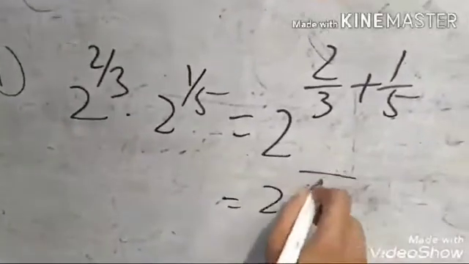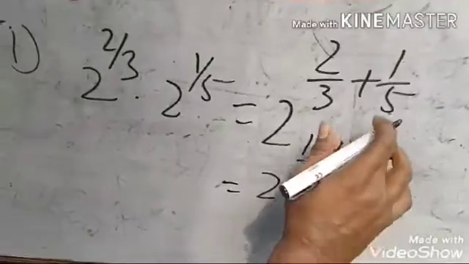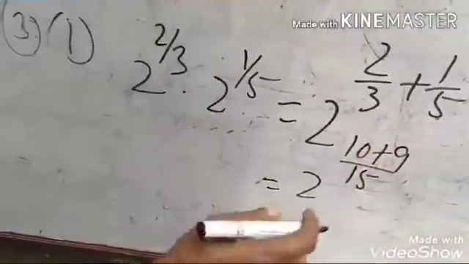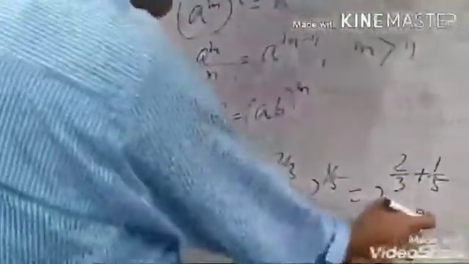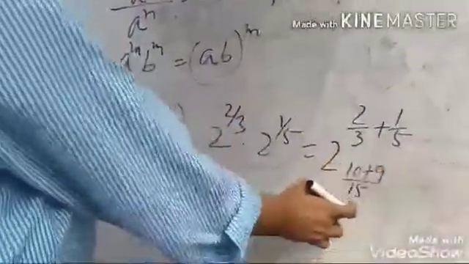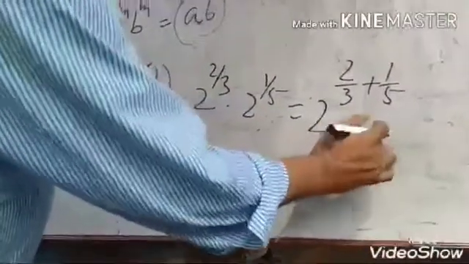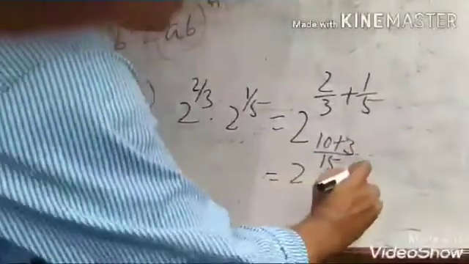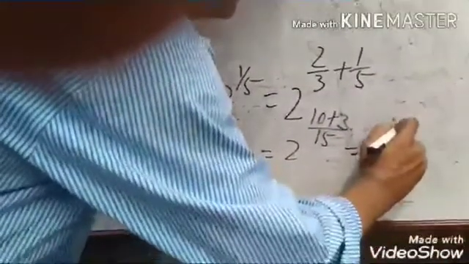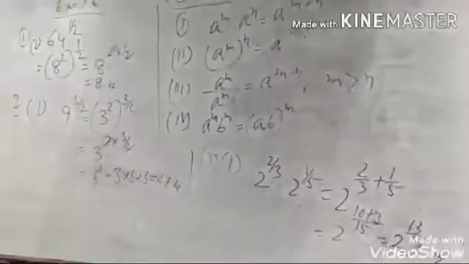The LCM is 15. 10 plus 3. 15 divided by 3 we get 5, 5 times 2 is 10, and 15 divided by 5 is 3. That means 3 into 1 is 3. So 10 plus 3 equals 13, 2 to the power 13 by 15. This is the answer.